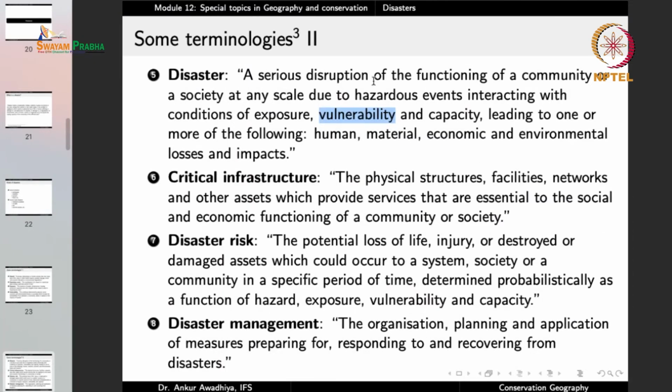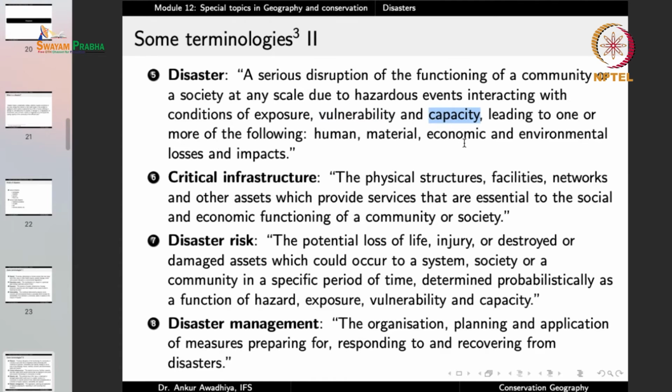Or we can work at the level of vulnerability. That is, even if flood happens and people are living there, we create their houses in such a manner that they are not susceptible to the floods. In that case, we are working on the vulnerability of people.